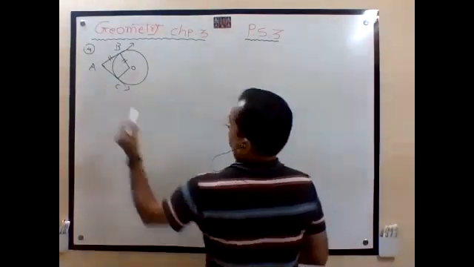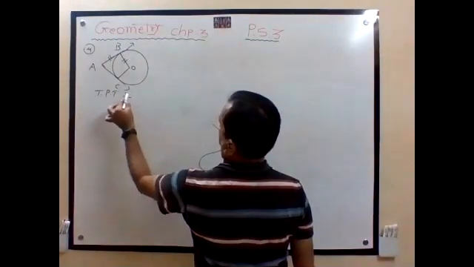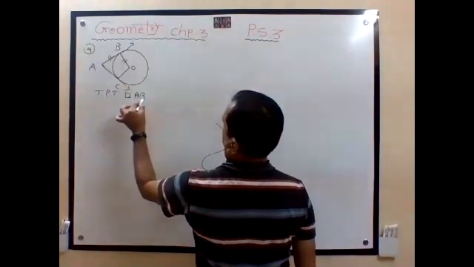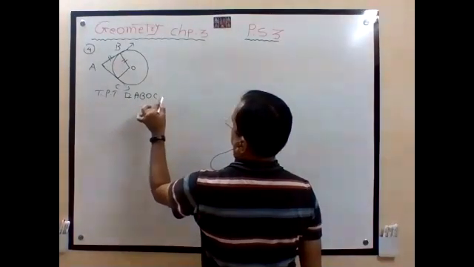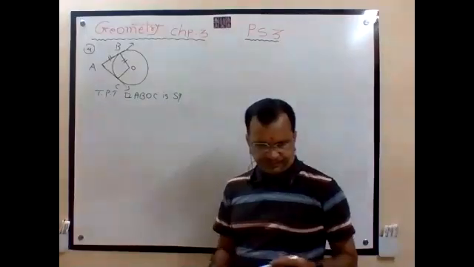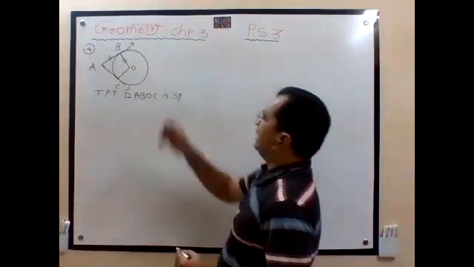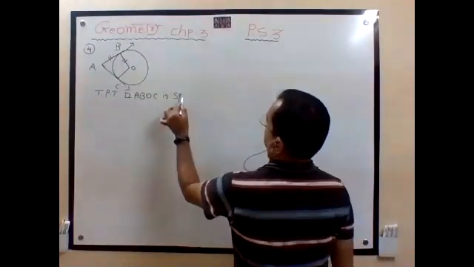We have to prove that quadrilateral ABOC is a square.